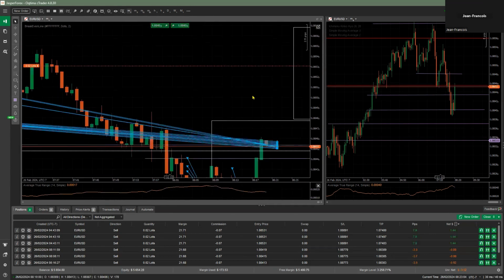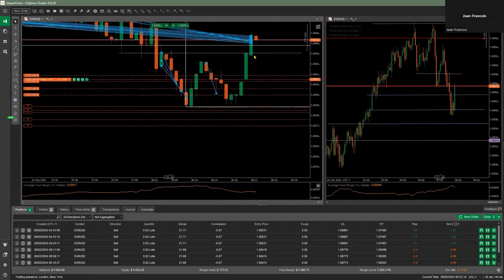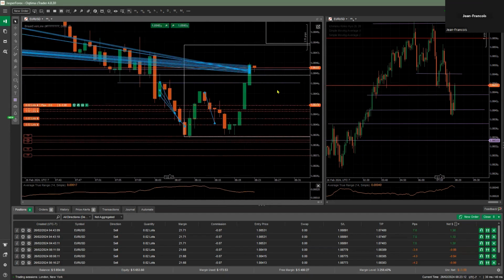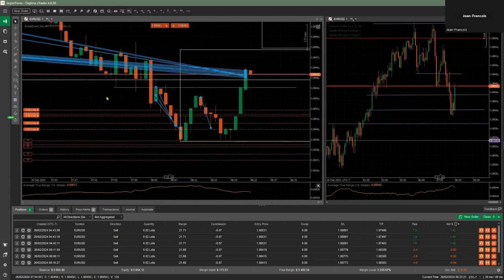I'm keeping a couple, keeping 3 up at the top, and the rest is down here. All right, so I have 3 swing trades, and I'm left with 8, 3 pips, 3 pips, 3 pips.